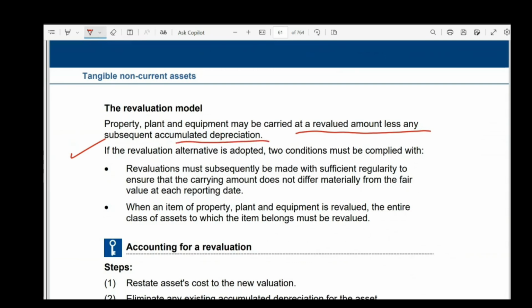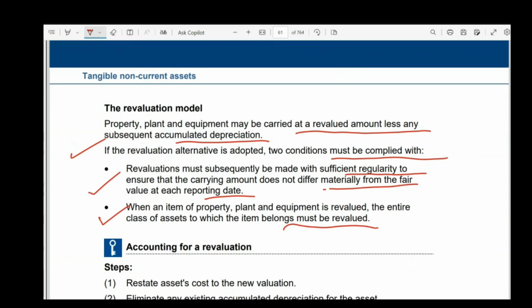If the revaluation alternative is adopted, two conditions must be complied with. The revaluation must subsequently be made with sufficient regularity to ensure that the carrying amount does not differ materially from fair value at each reporting date. When an item of property, plant and equipment is revalued, the entire class of assets to which the item belongs must be revalued, not cherry-picked.